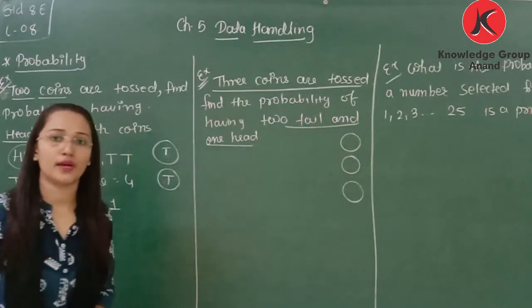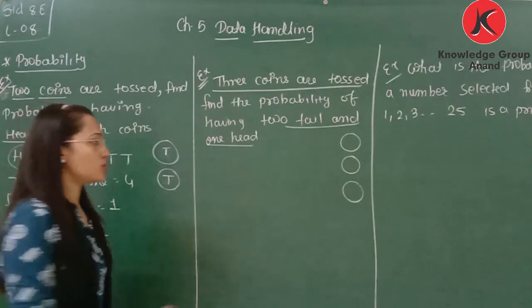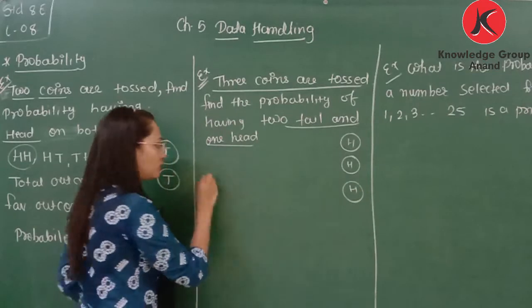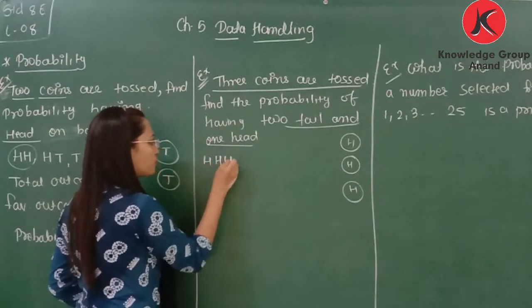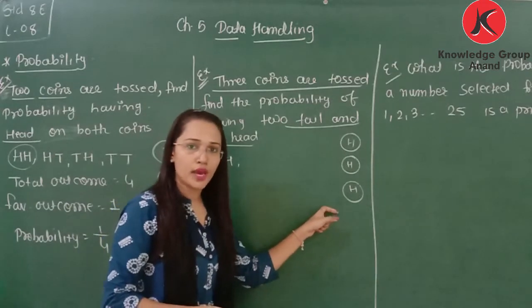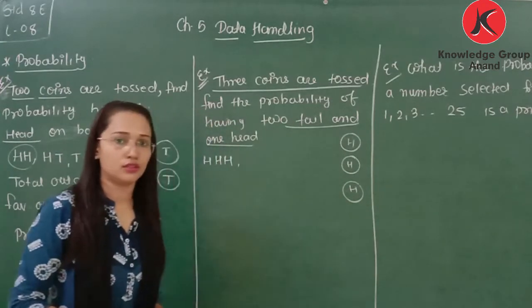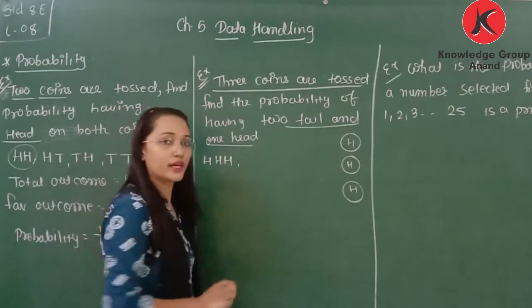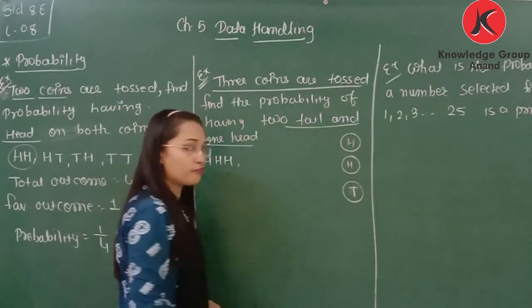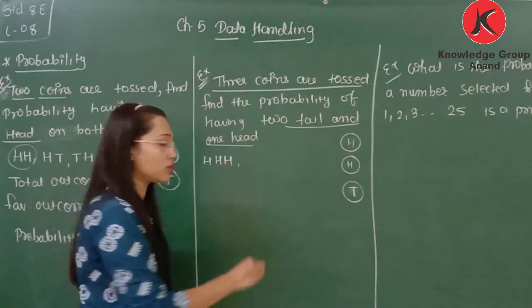First of all, we need to find the number of outcomes. So it is possible that we have head on all 3 coins. It is possible that we toss 3 coins and we have head on each one. That is the first possibility. It is possible that we have head on the first 2 and tail on the third one.